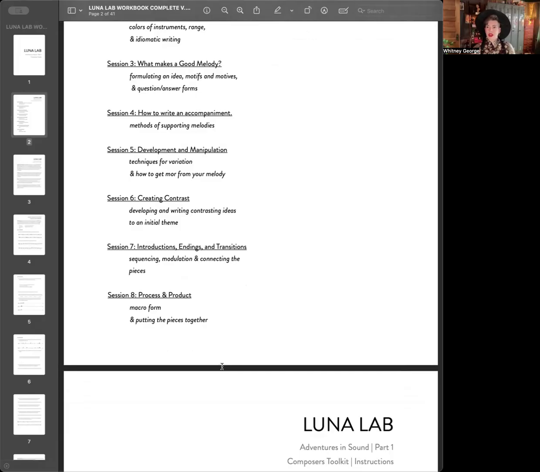So we talk about how to do a little bit of analysis on your original idea, how to create a contrast from that idea, how to potentially incorporate it into a piece, both an A idea and a B idea together. In session seven, we talk about introductions, endings, and transitions. Transitions are probably one of the hardest parts of music to write, getting from one idea to another, although there are a lot of tried and true techniques that can get you from point A to point B, or theme A to theme B rather.